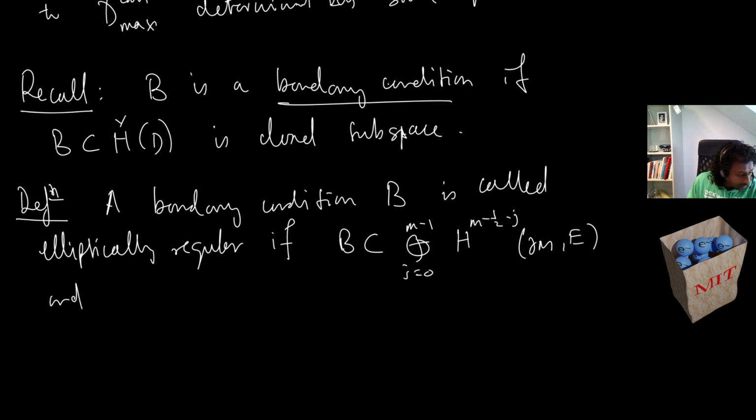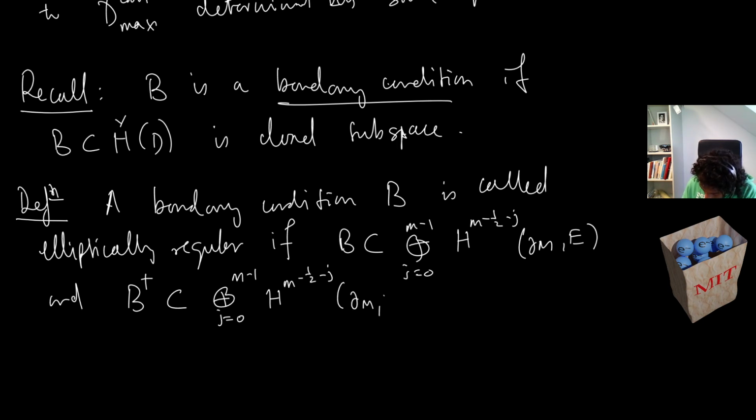And we want the adjoint boundary condition. So we take the adjoint operator and then we restrict. We want this to also sit inside H^{-1/2-j}(∂M; E).